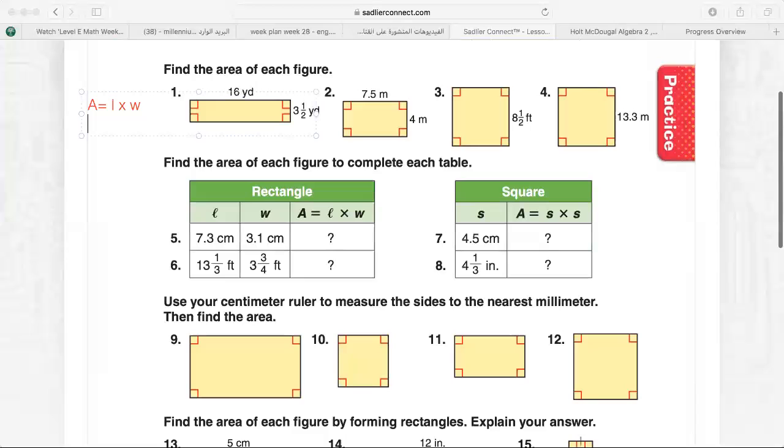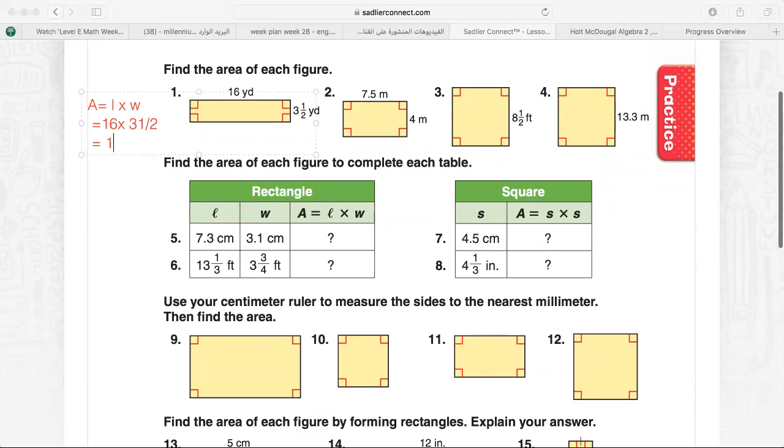So the length here is 16, multiplied by what? 3 and 1/2. So I have here a mixed number, so I have to change it.